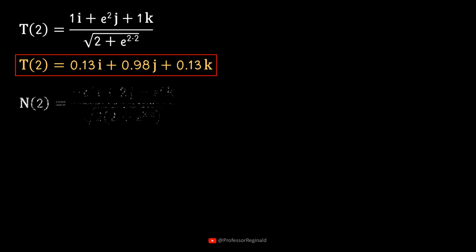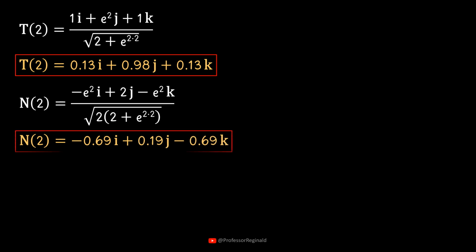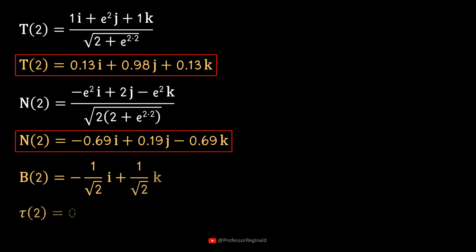Then substitute t equals 2 into the expression of the unit normal vector. Hence, this is the unit normal vector where t equals 2. Meanwhile, both the binormal vector and torsion will have the same value anywhere on the space curve.